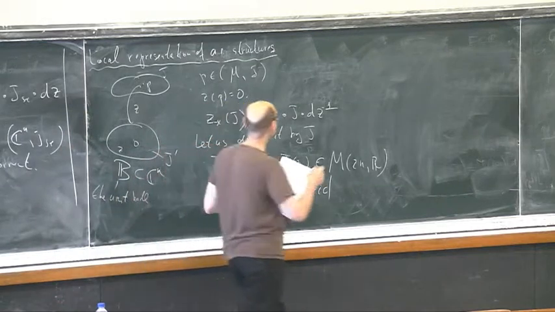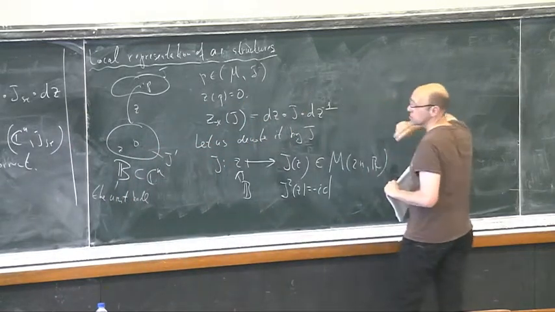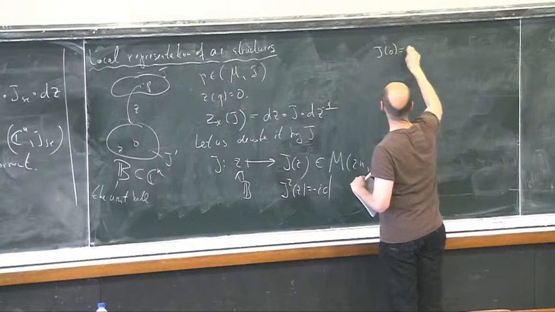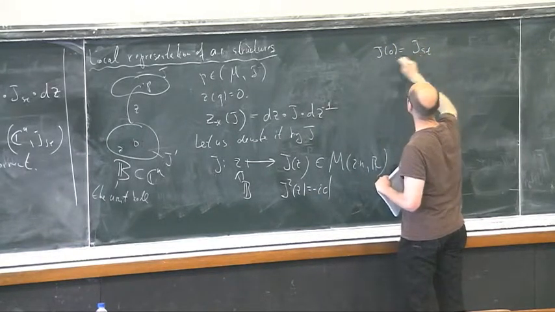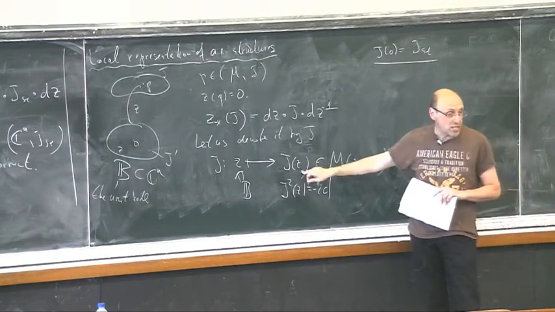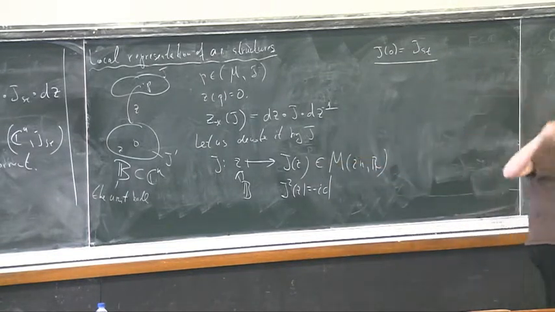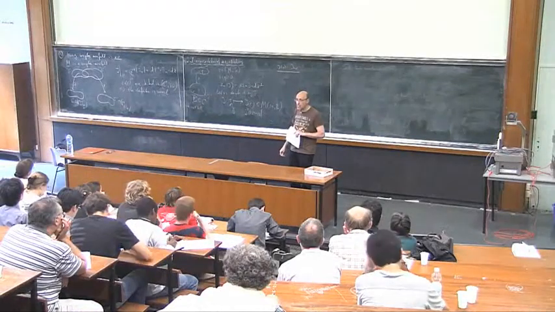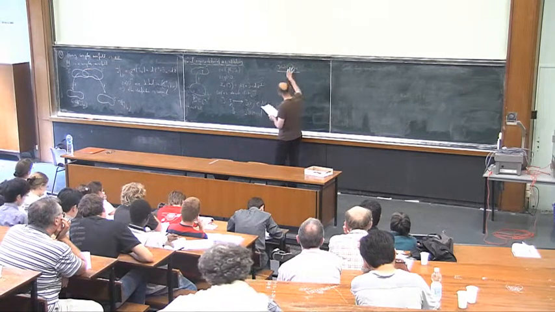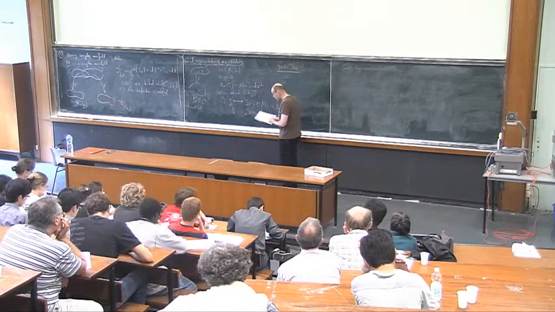So you can always suppose, after an additional linear transformation, that J at the origin is equal to J standard. This means that the value at the origin of your matrix function is equal to the constant matrix of the standard structure, which I wrote at the beginning. You can always achieve it by an additional real transformation.